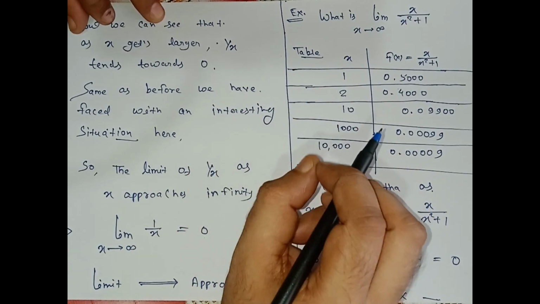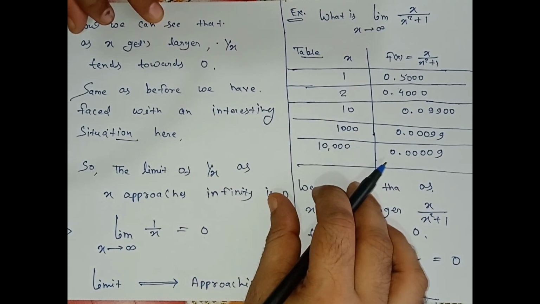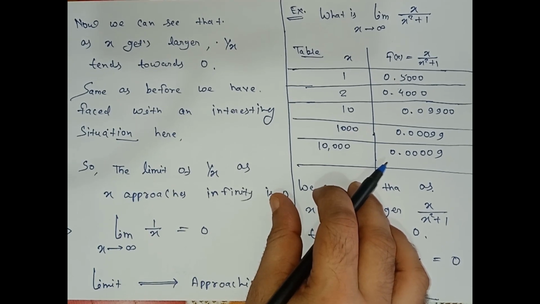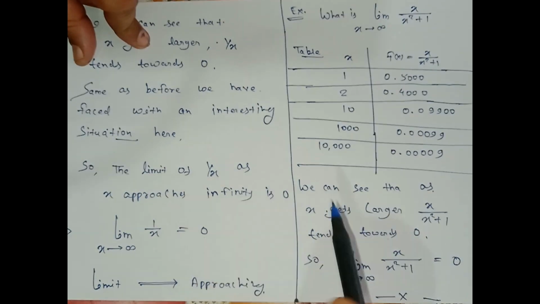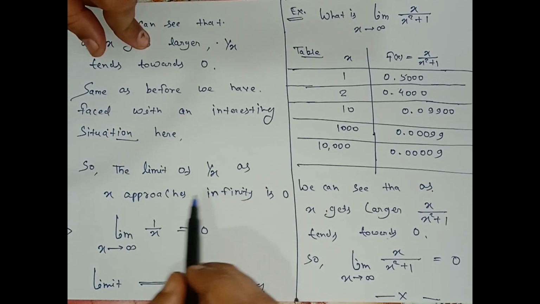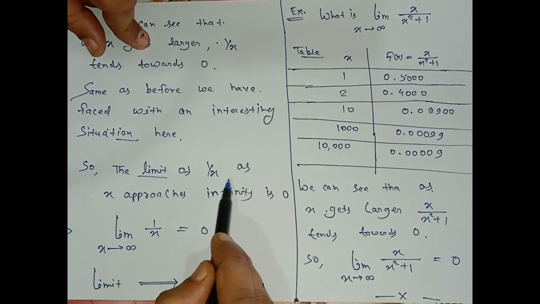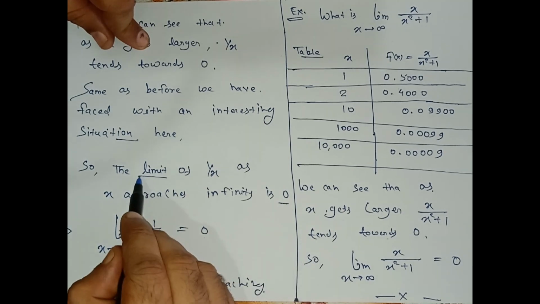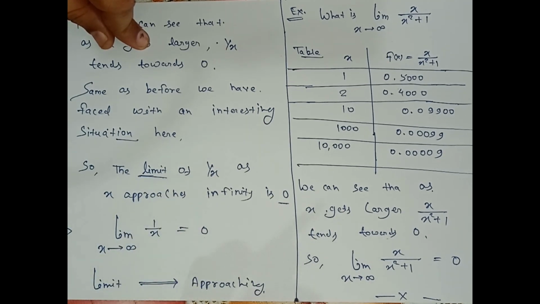Same as before, we have faced an interesting situation here. So, what is the interesting situation? We cannot say what happens when x gets to infinity because it is undefined. What we can see is that 1 upon x is going towards 0. So, the limit of 1 upon x as x approaches infinity is 0.